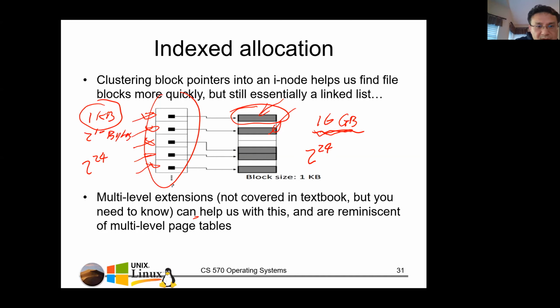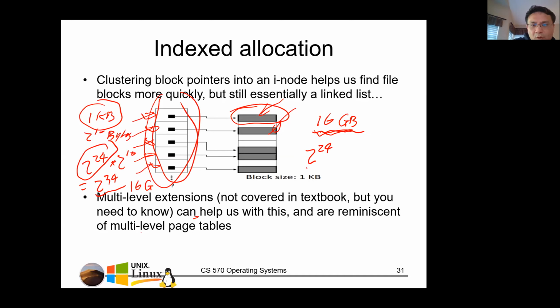Each entry corresponds to 1 KB, which is 2 to the 10th. So the total is 2 to the 34, which is 16 gig. So you need on the order of 2 to the 24 entries in this one level of inode, just for describing the data.